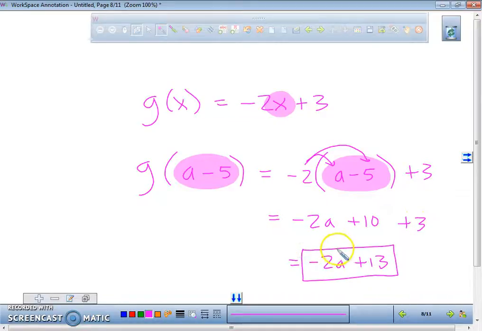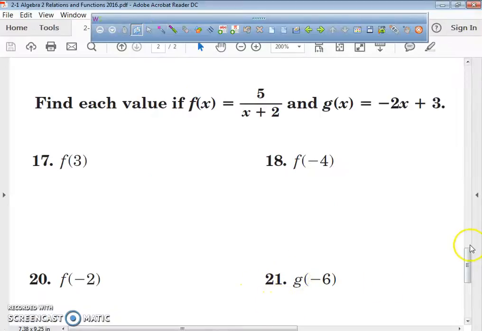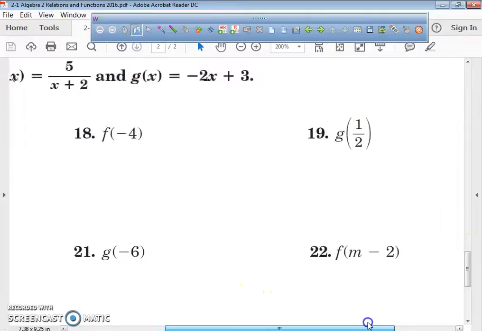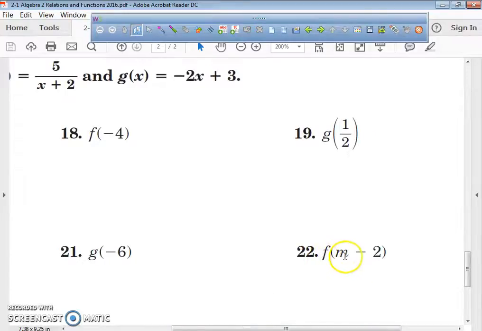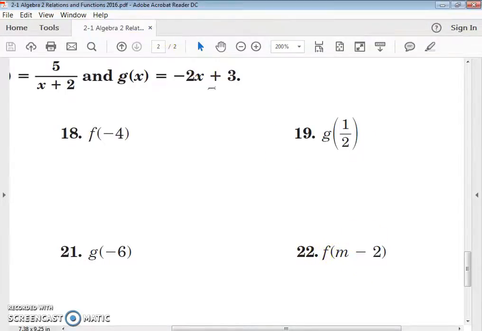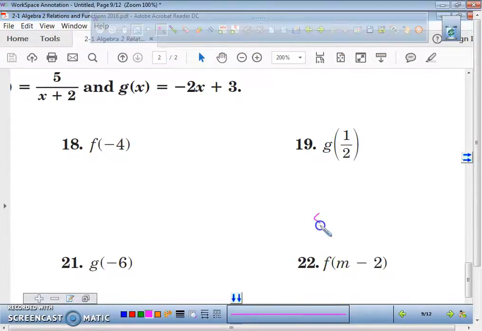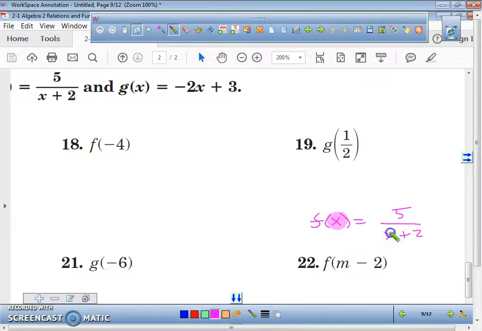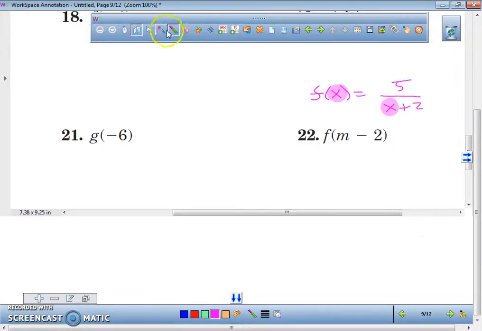By the way, this problem will help you with problem number 22, which you can do all by yourself. Congratulations. Look at number 22. Everybody look at number 22. What does that say? It says f of m minus 2. Remember, what was f of x equal to? f of x was equal to 5 over x plus 2. But what am I plugging in the place of x?